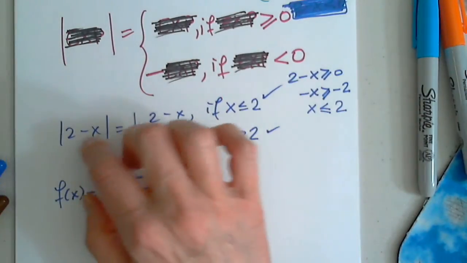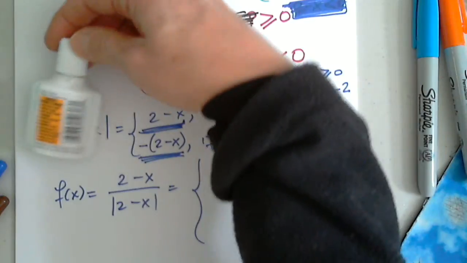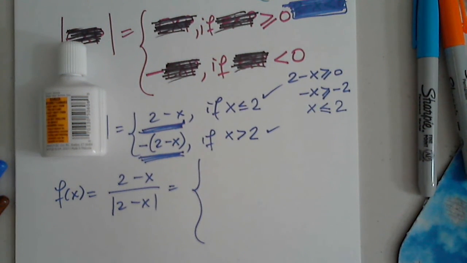I already simplified. This is gone. I don't want to hear this again. It's either this or this. I'm not going back to the absolute value.